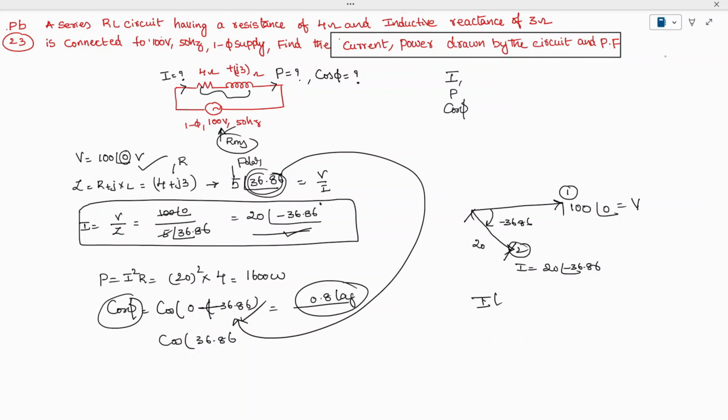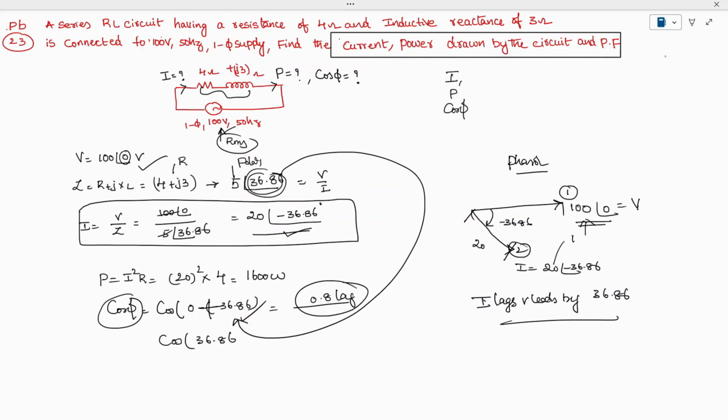I can say current lags, voltage leads by an angle of 36.86. That's how to draw the phasor diagram for voltages as well as currents. Remember, while drawing the phasor diagram, we should consider only the RMS quantity.